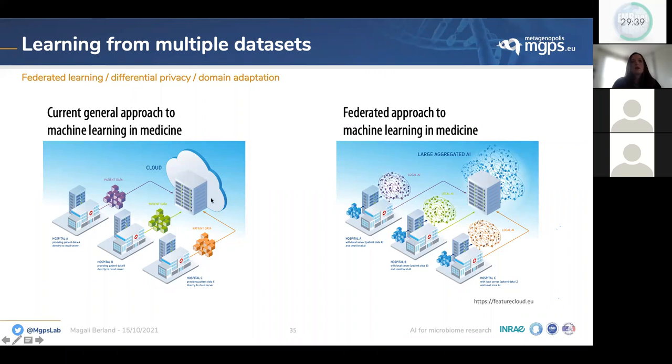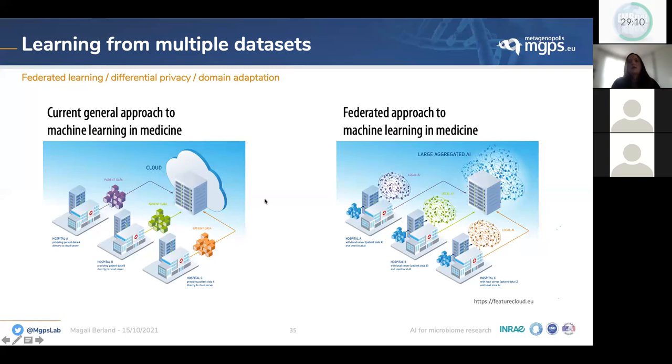And putting all sensitive data in one place is quite a bad practice if there is some attack on this place, for example. Especially with now regulation like GDPR or things like that, gathering a lot of medical information becomes less and less easy.